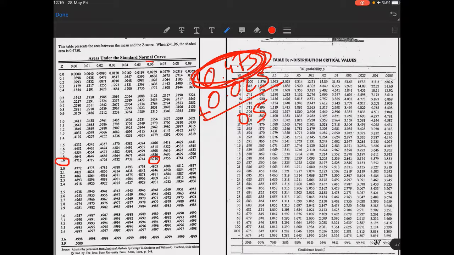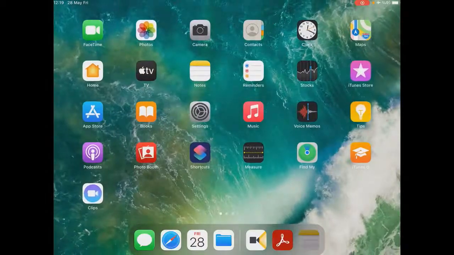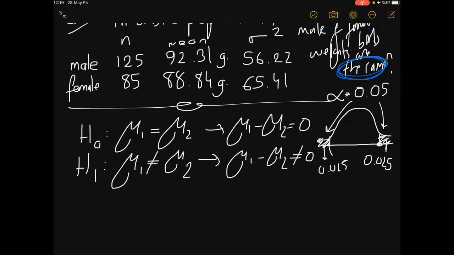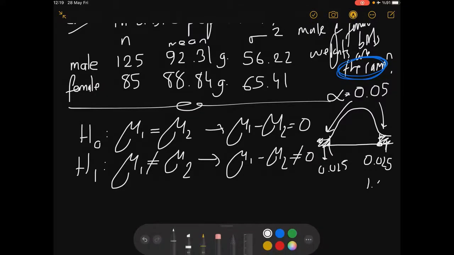It is right here, 1.96. So our critical values here are plus 1.96 and minus 1.96. So if we fall far from these locations, it means that we're in the rejection region for H0 and we will reject H0, and that will mean that their weights are different.